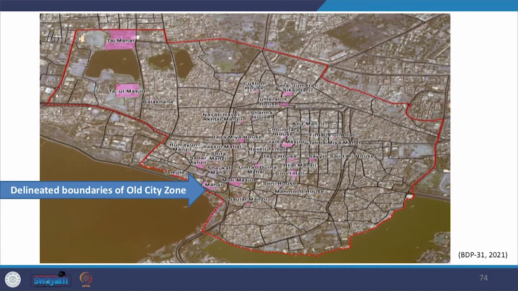The plot owners within the zones shall be incentivized to undertake preservation and conservation of their heritage properties through receipt of heritage TDR. Like we had seen when we discussed in the previous session, the heritage the city has, you look at the proposals, how they are trying to conserve the heritage of the area.